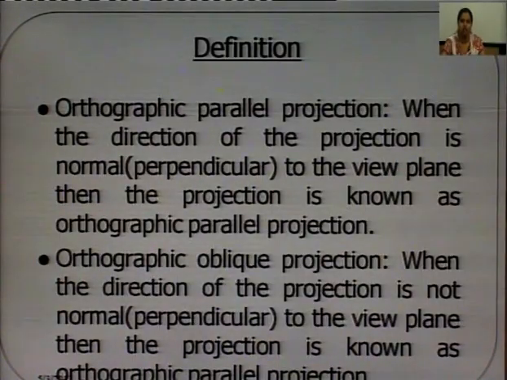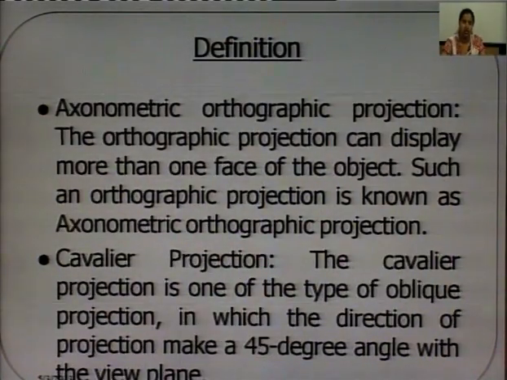And in the oblique projection, the direction of projection is not normal or perpendicular to the view plane. Orthographic parallel projection is of two types: the orthographic oblique projection and the axonometric orthographic projection.